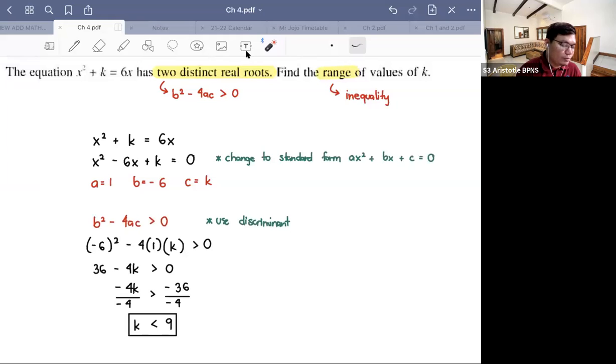It's because we divided an inequality by a negative number or negative integer. Remember that, right? When you were in sec 2. When you divide by a negative integer, the inequality reverses to the other side. That's why it's now k is less than 9. So the range of values of k are all numbers less than 9. So that's your answer for number 2.